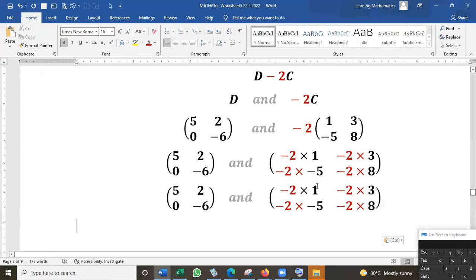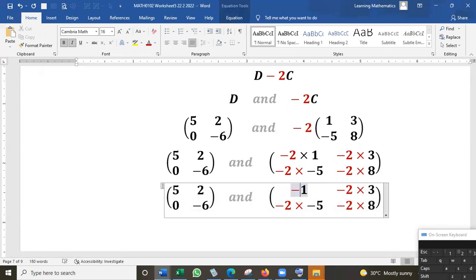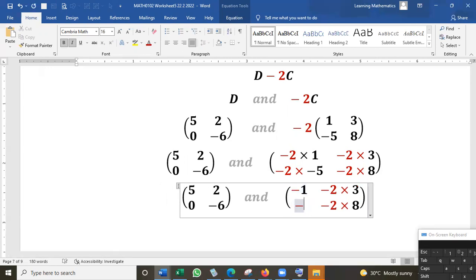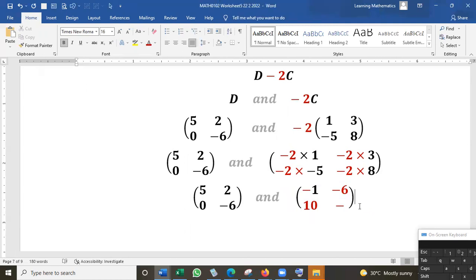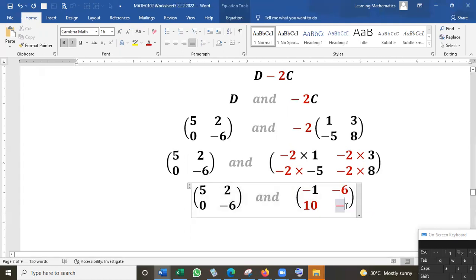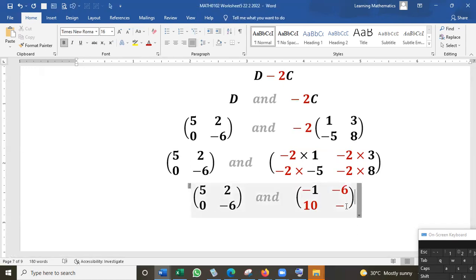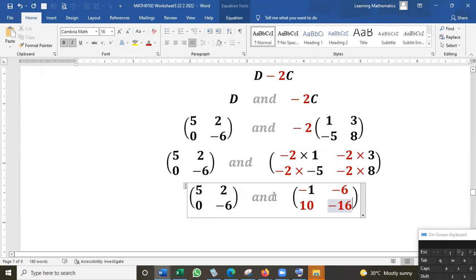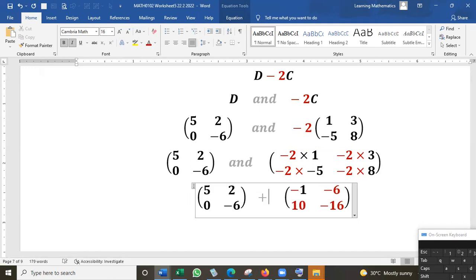So what we're going to have, we're going to have a negative 1. We're going to have a positive 10. A negative times a negative is a positive. We're going to have negative 6. And we're going to have negative 16. Okay. So now this and now is technically a plus.